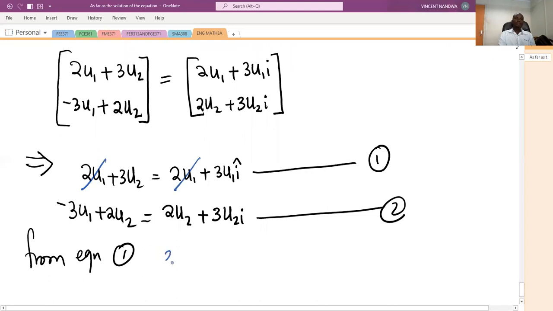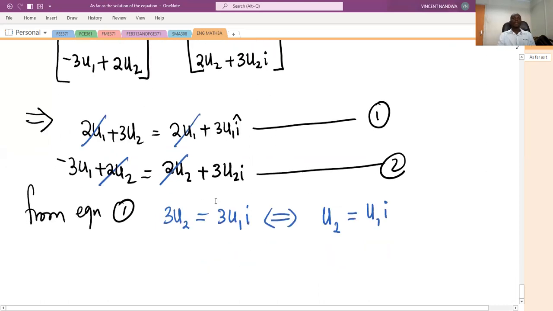So I have 3u2 equals 3u1i, or in the same language, u2 is the same as u1i. And you should find that if you cross this and this, these two equations are the same.